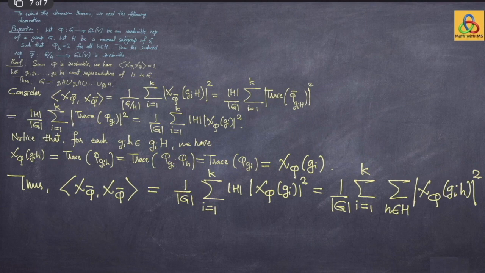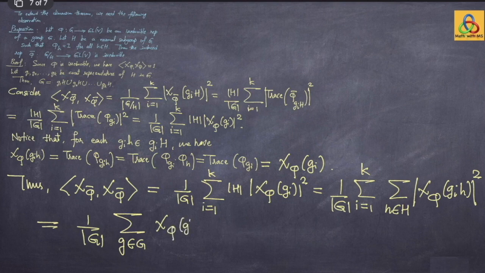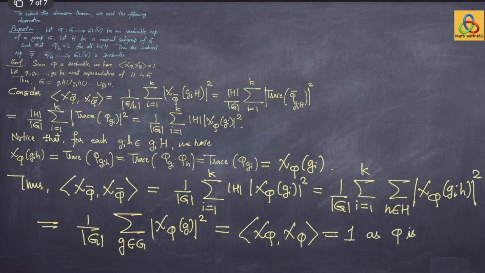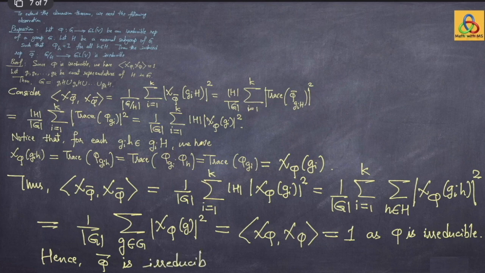Alright, but since the cosets form a partition of the group G, this double summation is the same as summation over little g in the group G of chi phi of g mod square. But what is this? This is just the inner product of chi phi with itself, which is 1 because phi is given to be irreducible. Thus, we have shown that the induced representation phi bar is also irreducible using the irreducibility criteria.